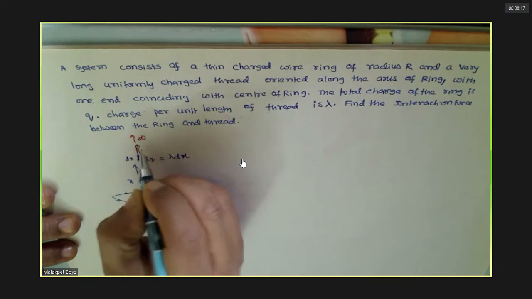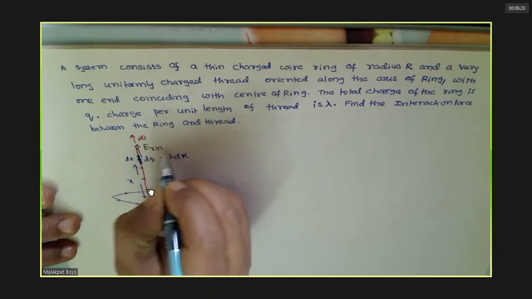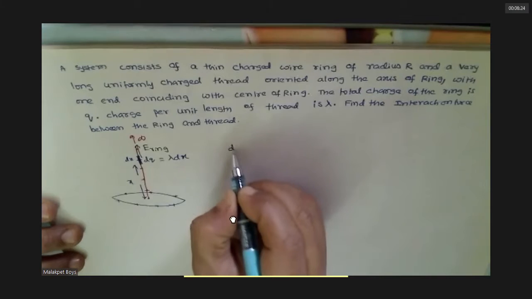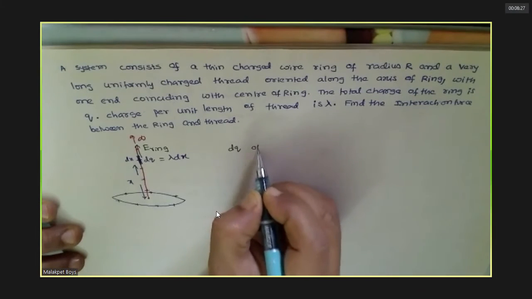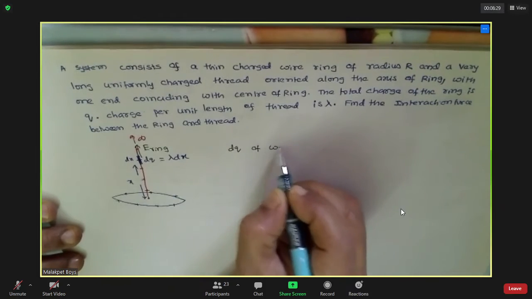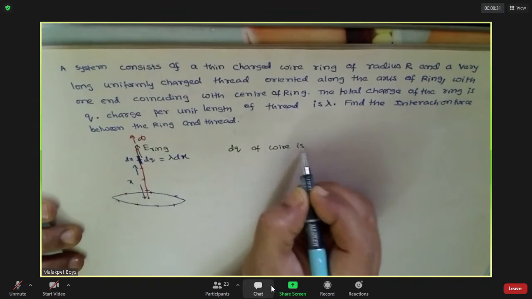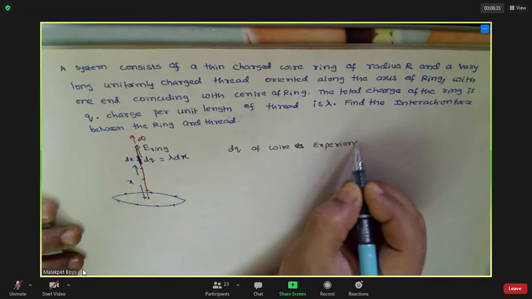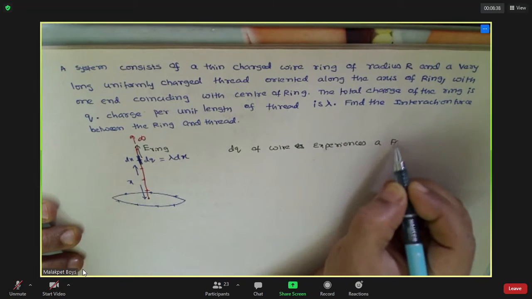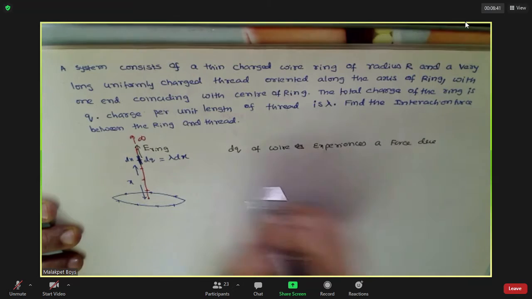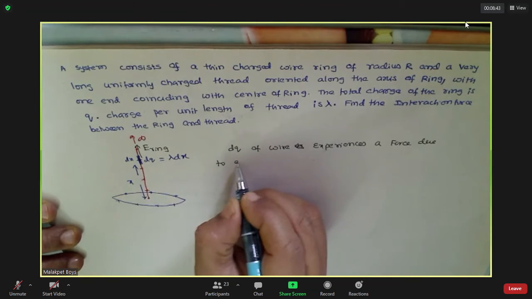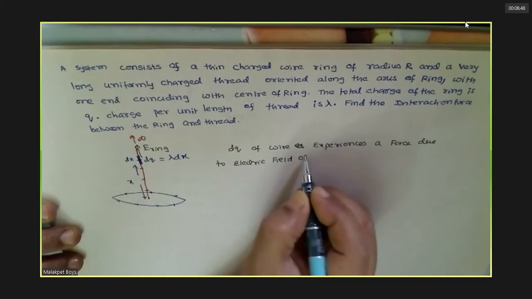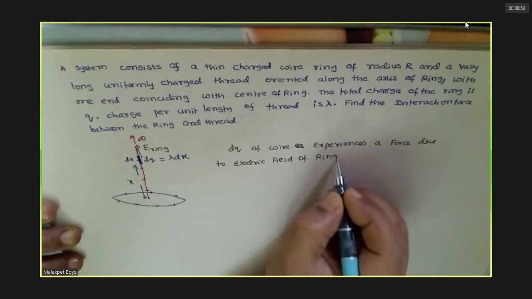So the force on dq of the wire is due to E of the ring. Do you agree with this? Yes, sir. Agreed.